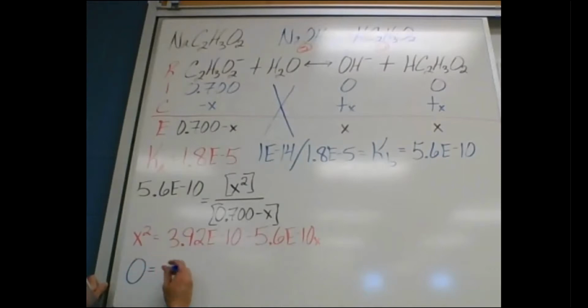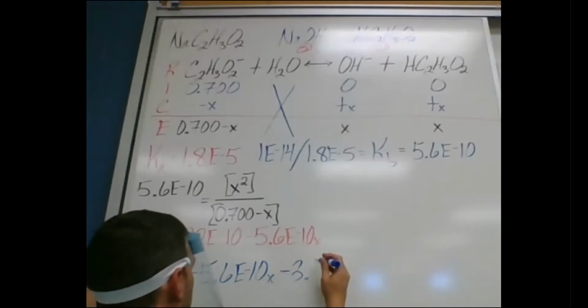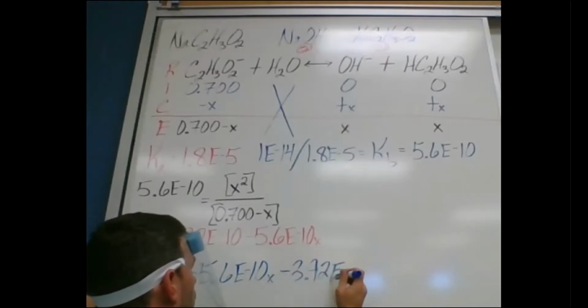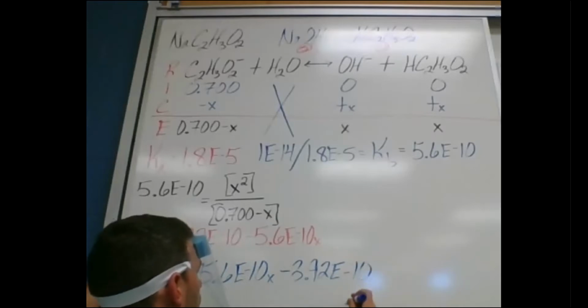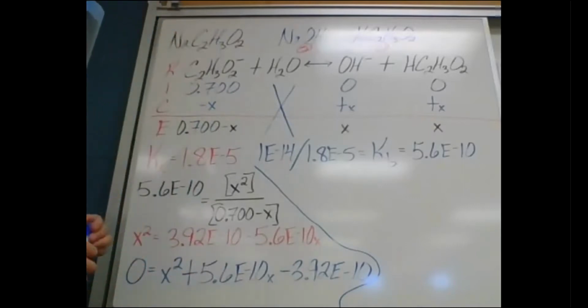So keep the X squared positive and reverse the signs of the other items. And go to your solver.